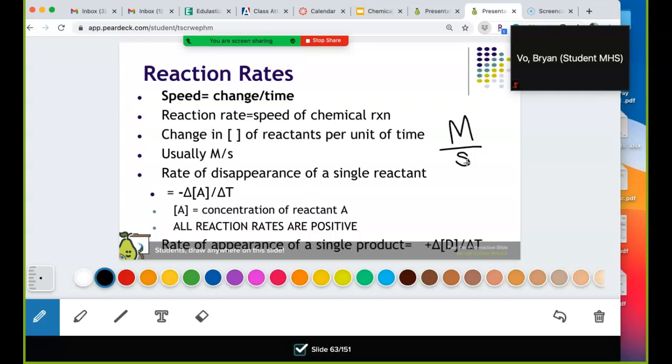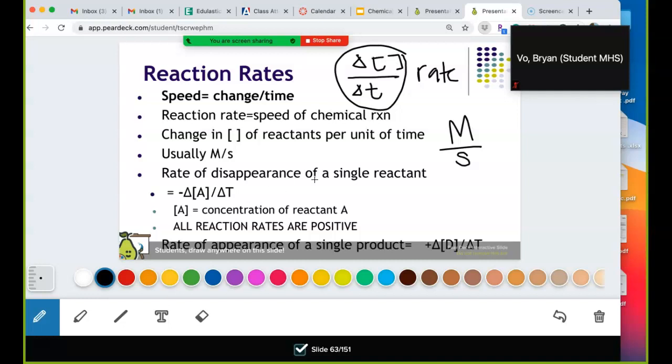Sometimes it's molarity per minute, sometimes it's molarity per hour, but again, it's concentration over time. And this term right here, change in concentration over change in time, this entire term is called rate or speed. This whole thing means the rate or the speed.